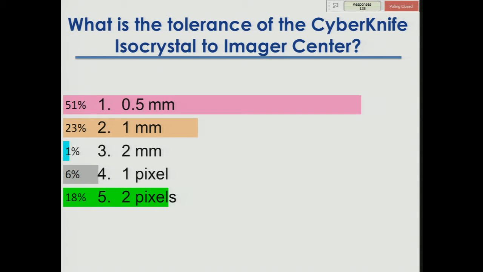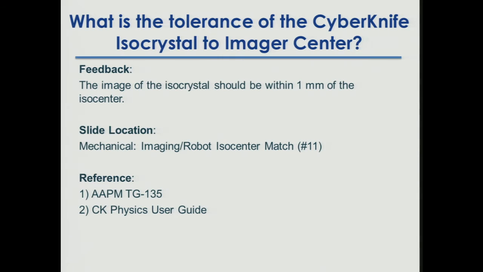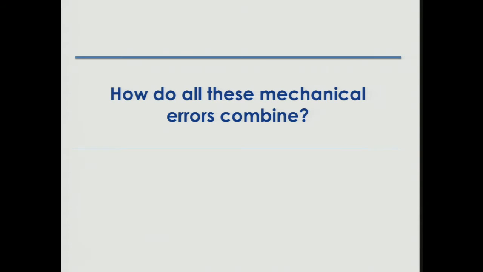Okay, it's actually 1 millimeter, which is about 2 pixels, but not quite the same. 0.5 millimeter is too small. So the image of the isocrystal should be within 1 millimeter of the isocenter. And as a reference, you have AAPM TG135 as well as the CyberKnife User's Guide.